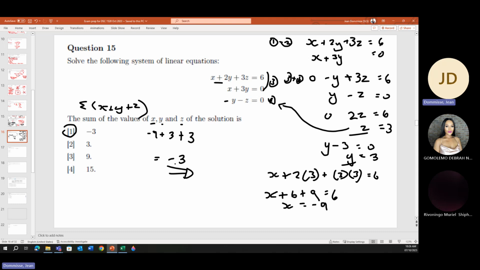Okay, so in this one, there wasn't really an easy way to solve it. You nearly need to start eliminating so that one can see which ones will be the easiest to use.